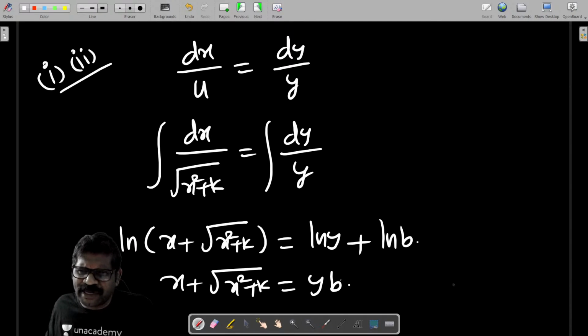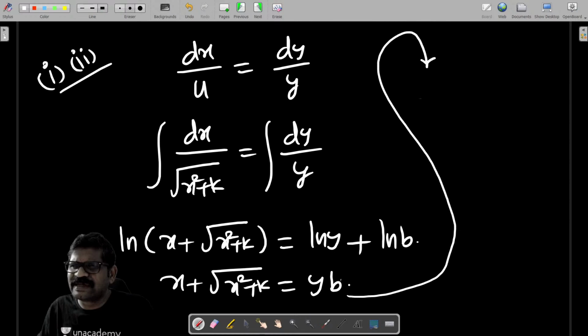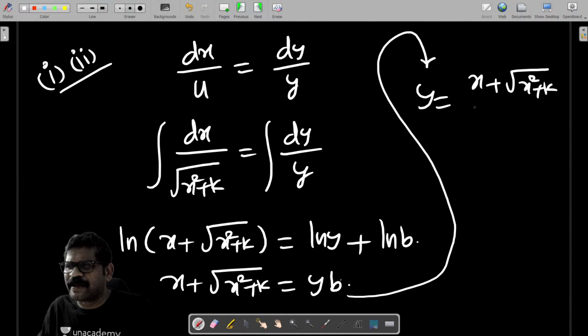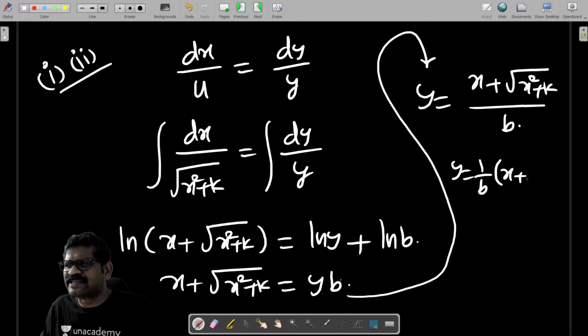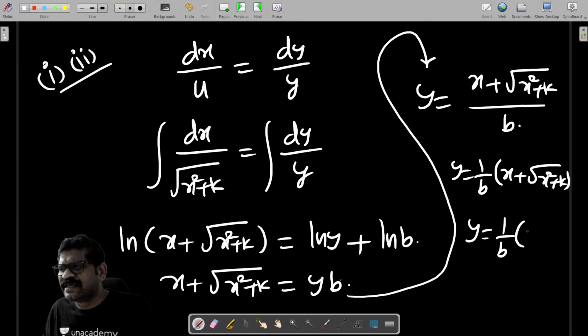Now from this you can write y is equal to x plus square root of x square plus k by b. That means 1 by b of x plus square root of x square plus k. So y equal to 1 by b of x plus square root of x square plus k is nothing but u, right?